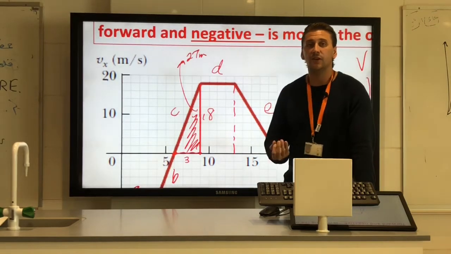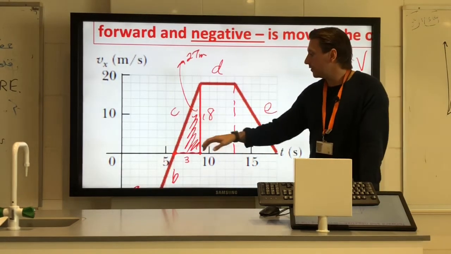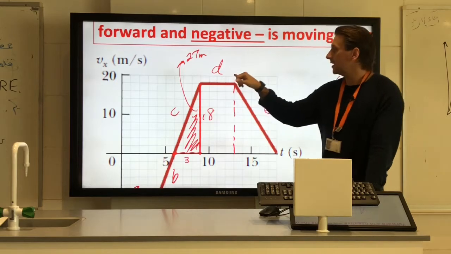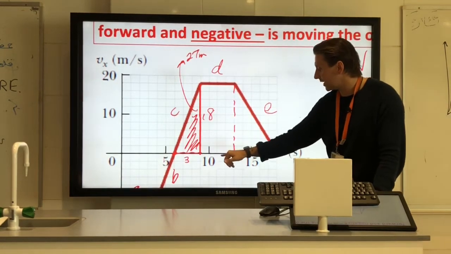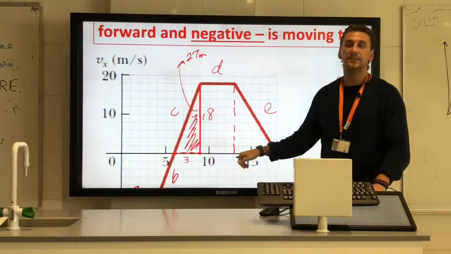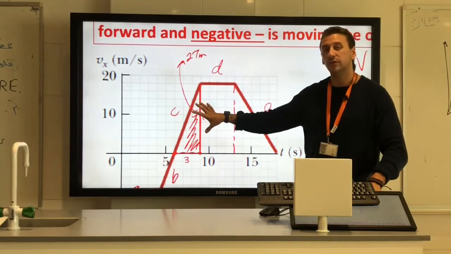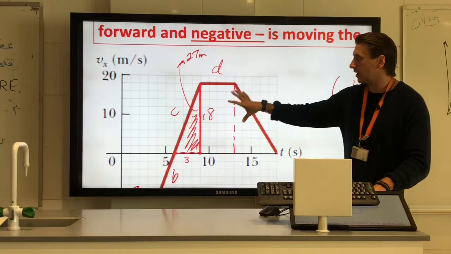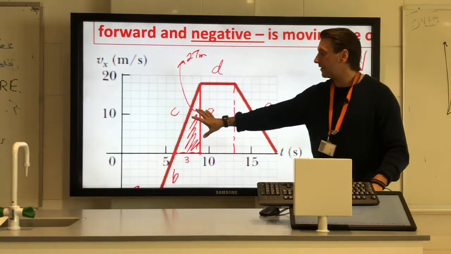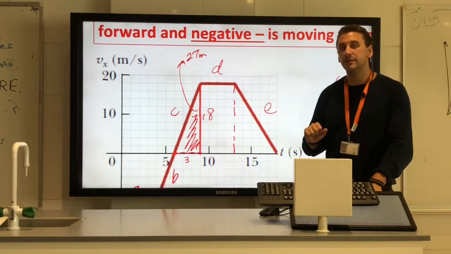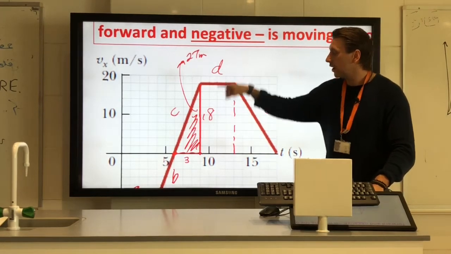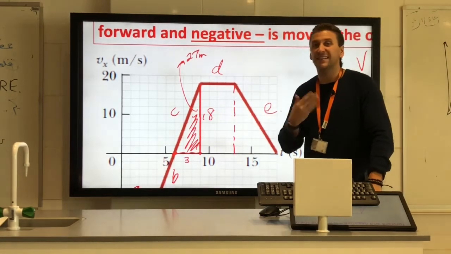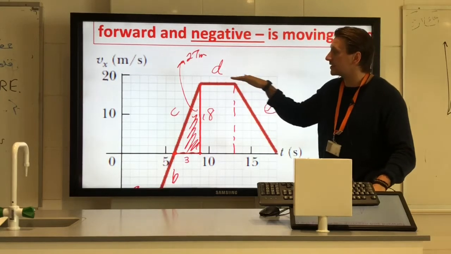Now, if they said, what is the distance traveled for section C and D, so from 6 seconds all the way to 13 seconds, I split it up into a triangle and a rectangle. I found the area of the triangle, which was 27 meters. I now need to find the area underneath the line for this rectangle. I already have the height, it's 18, because it's traveling at constant velocity 18.